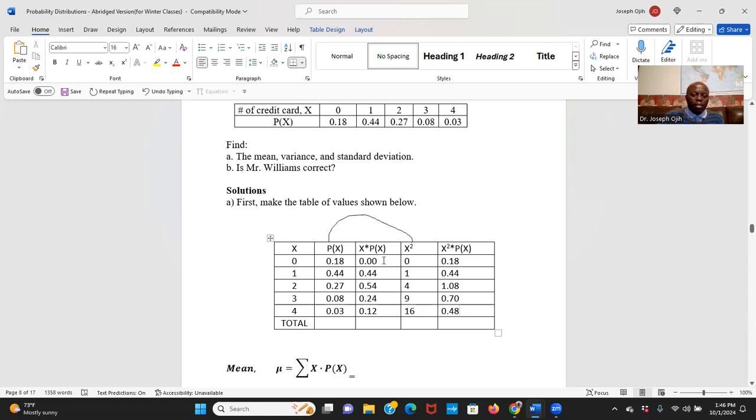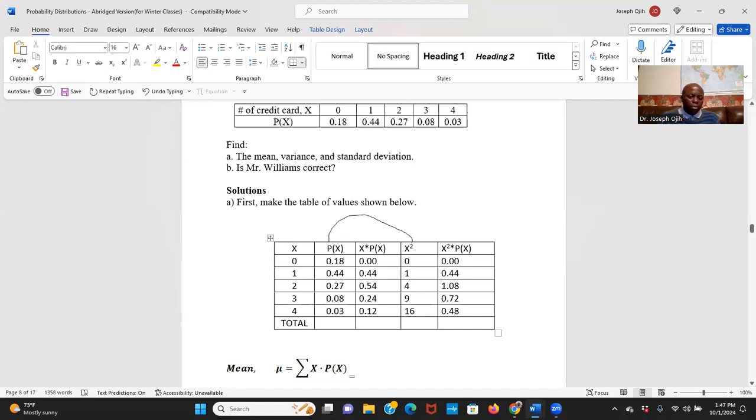But sorry, the first one is 0 times 0.18 is 0.00, because 0 multiplied by a real number is 0. So this is 0.00, 0.44, 1.08, 0.72, then this one is 0.48.